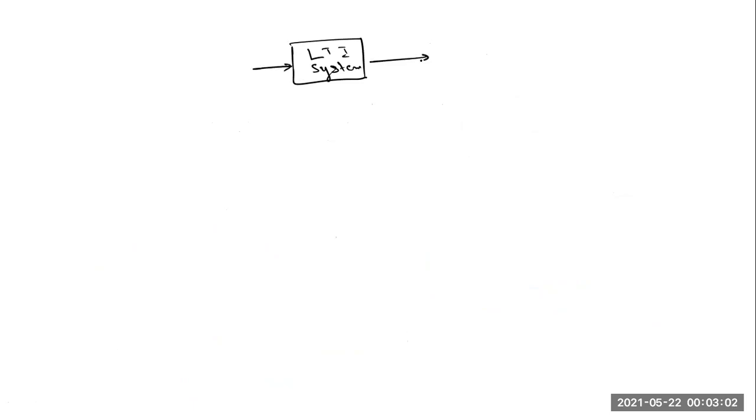Let me prove this. If x of t is the input and h of t is the system impulse response, output is equal to x of t convolved with h of t. And we also know that convolution operator is commutative.